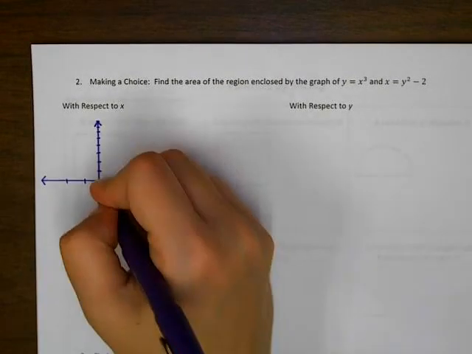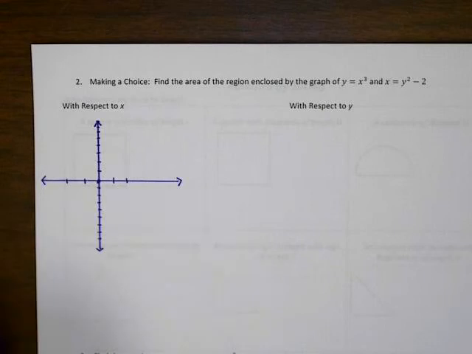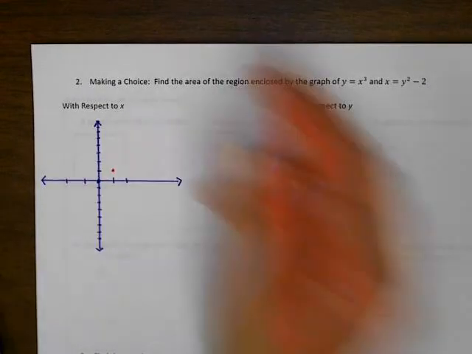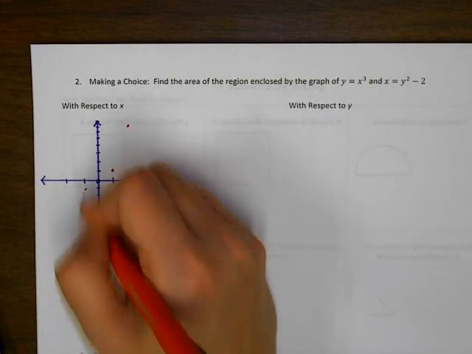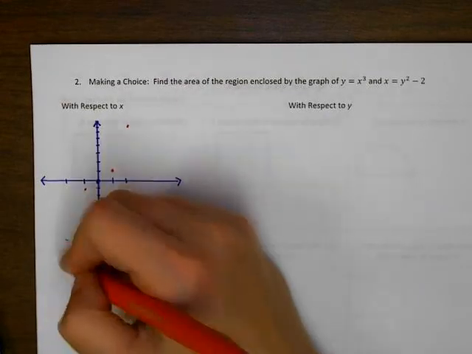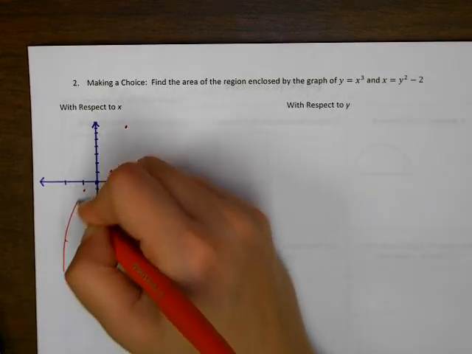So I know that y equals x cubed goes through 0, 0, 1, 1, and 2, 8, negative 2, negative 8. So y equals x cubed looks like this.